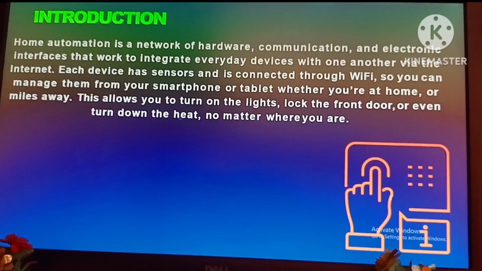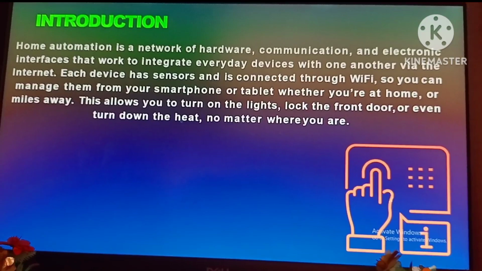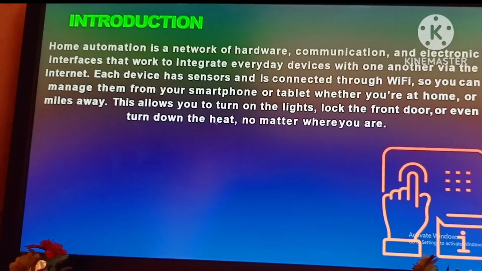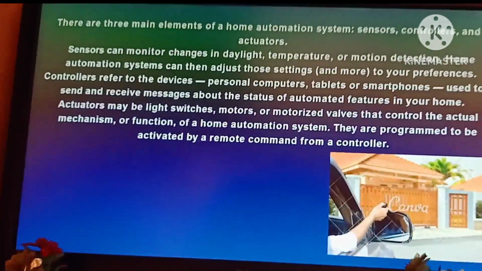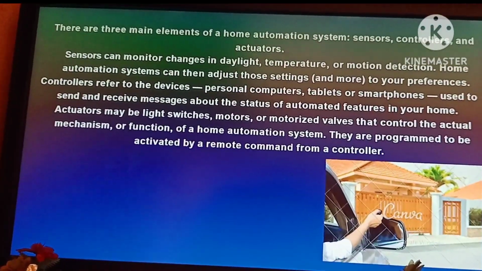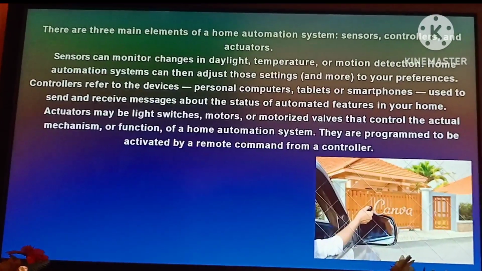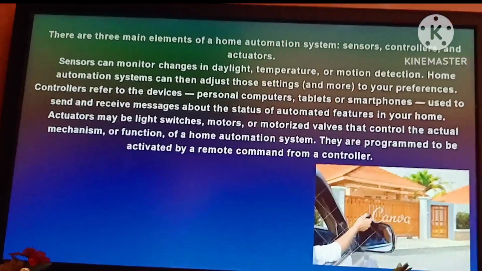This allows you to turn on a light, lock a front door, or even turn down the heat no matter where you are. There are three main elements of a home automation system, that is a sensor, controller, and actuators.